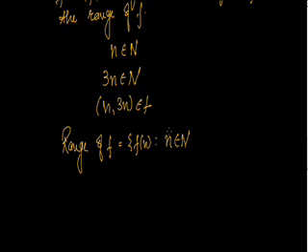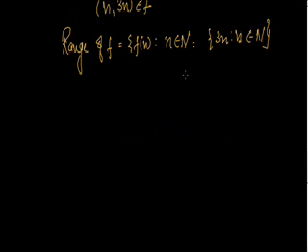So we will get the range as the set of 3n for n belonging to natural numbers, and that belongs only to natural numbers. This will be the range of the given function. Let's move to the next question.